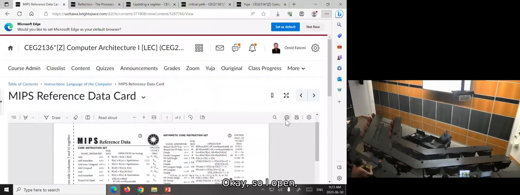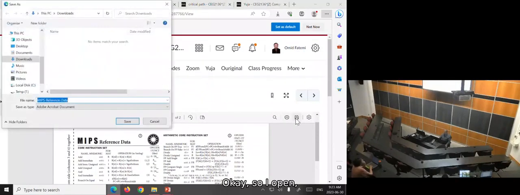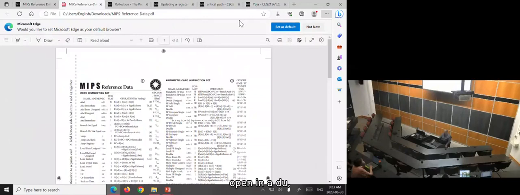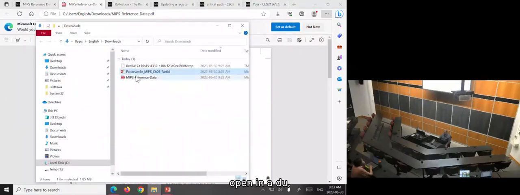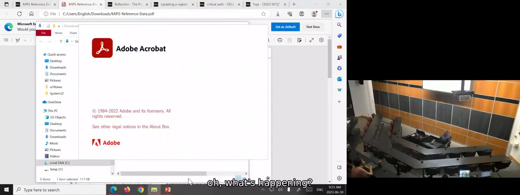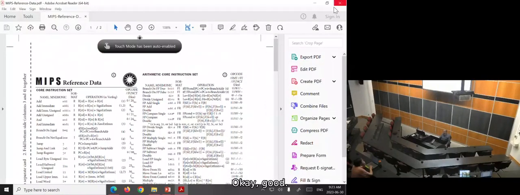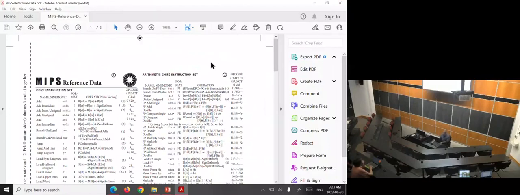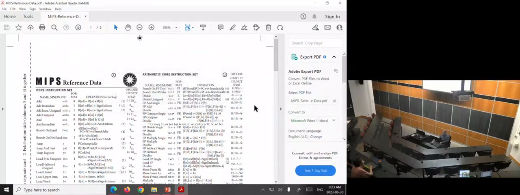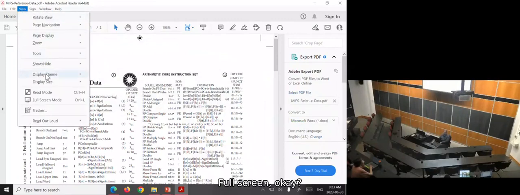Okay, let me open it in Adobe. Oh, what's happening? Okay, good. So look at this. Where is the full screen display?